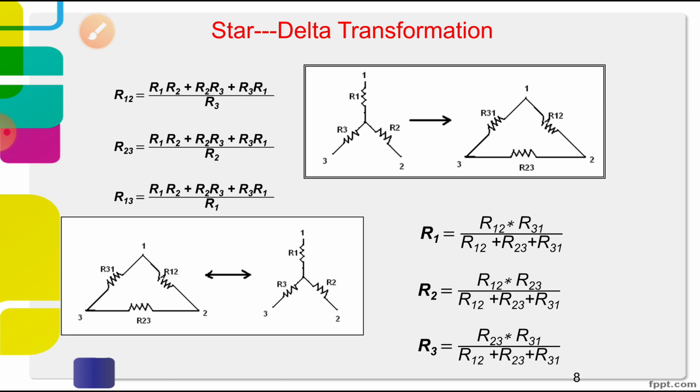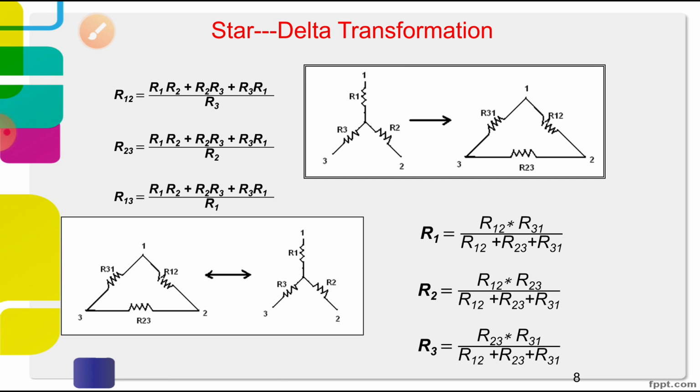This is a summarization of what we have converted, star to delta, delta to star. These are the equations you have to remember. Okay, so I think we will continue in the next class with some problems.